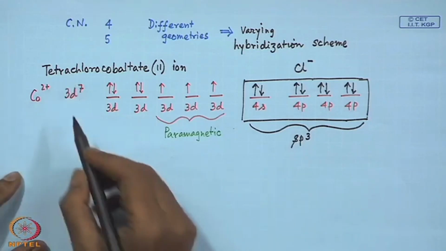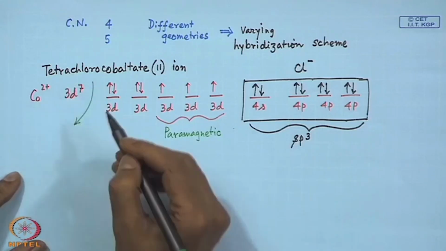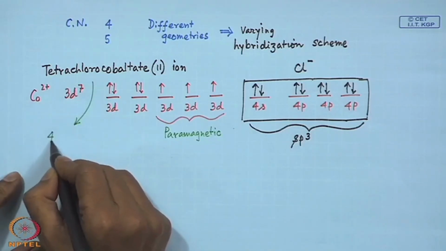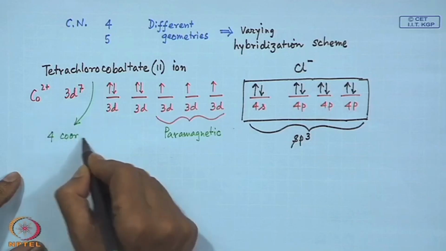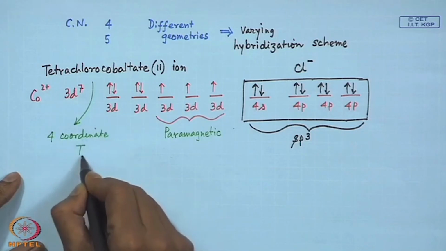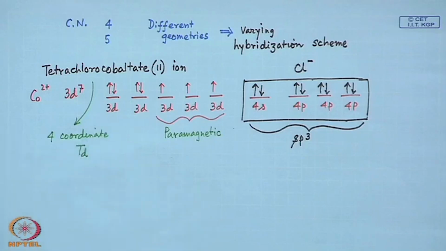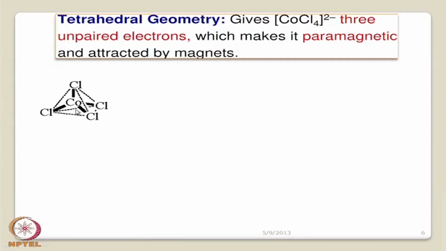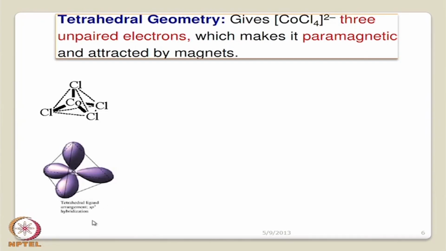So this particular compound will be 4 coordinate and tetrahedral. So this basically gives us the beautiful hybridization scheme for the formation of 4 cobalt chlorine bonds around cobalt. And we have the tetrahedral ligand arrangement.